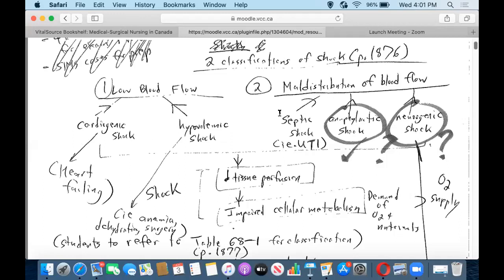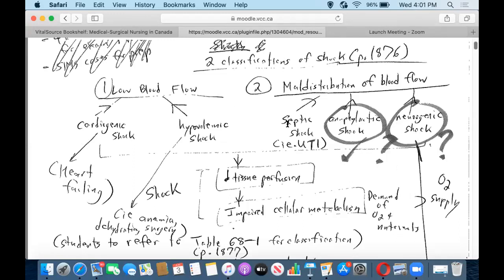3 of them you could classify into maldistribution of blood flow. And that is with these 3 here, septic, anaphylactic, and neurogenic, there isn't necessarily any loss of fluid or any problem with the heart per se.